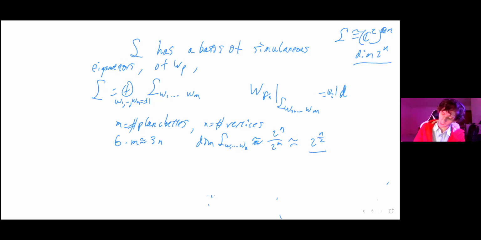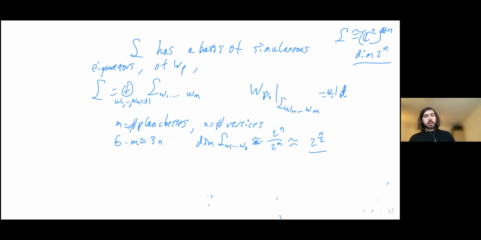No, they're going to be 2 to the n on 2 approximately, where n is the number of vertices. This is a heuristic argument. If they were 4D, that would be quite solvable, but they're 2 to the n on 2, and n is going to get big.